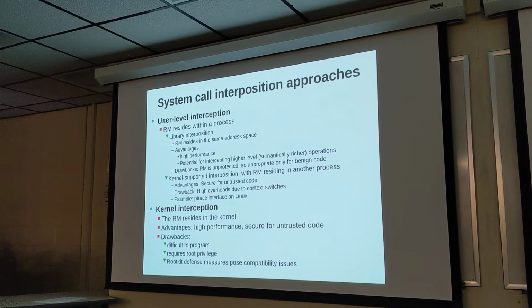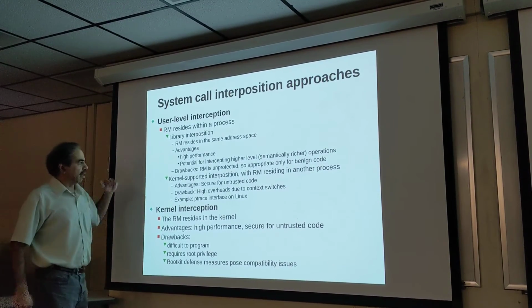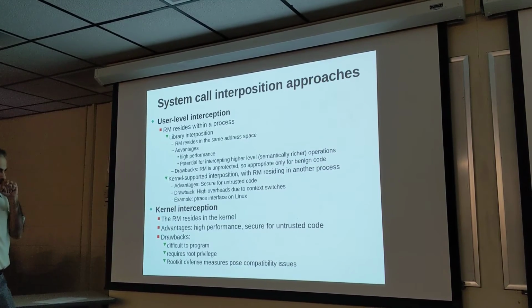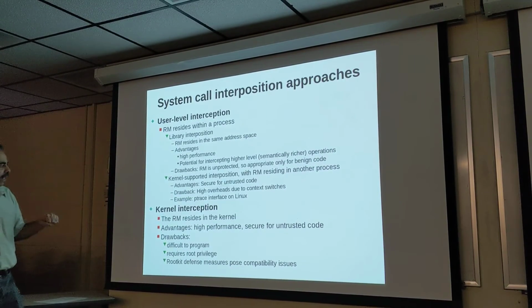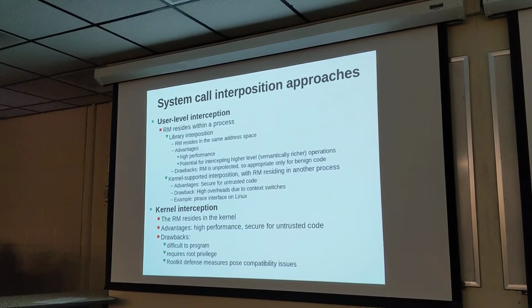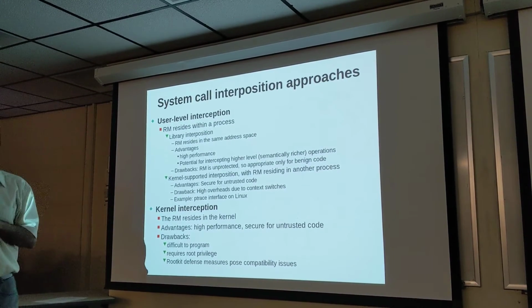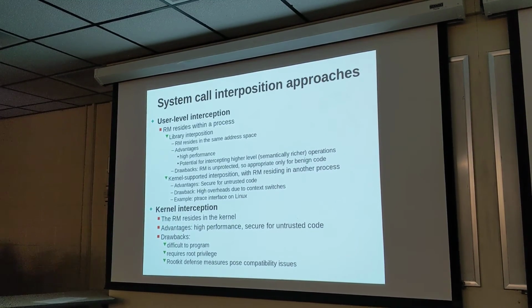So at the user level, you have the cost of having to do the context switch, but you have the advantage that the checker can be written in user space. For instance, if GDB was implemented in the kernel, you can imagine that you would probably have a very unreliable operating system, because GDB is a fairly complex piece of code, and if it runs inside the kernel, it's probably going to crash your kernel much more often.